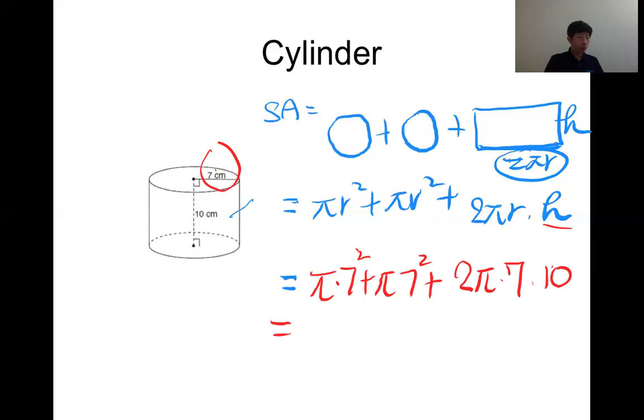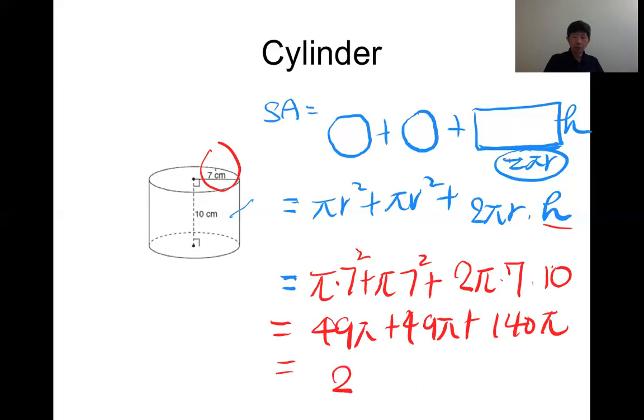So therefore, we have 49 pi plus 49 pi plus 140 pi. All right. So adding together would be 238 pi centimeter square.